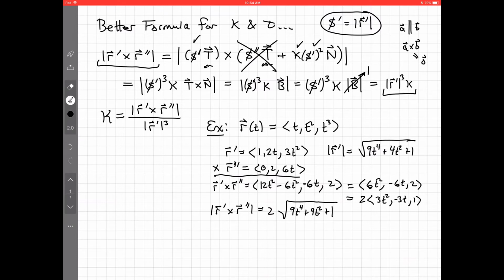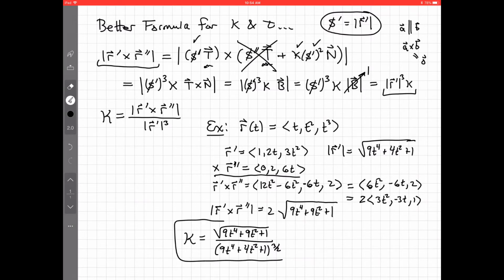And putting that all together, we now have that kappa for the twisted cubic is the square root of 9t to the fourth plus 9t squared plus 1, divided by 9t to the fourth plus 4t squared plus 1 raised to the 3/2 power, because it was the square root, but then it's cubed.